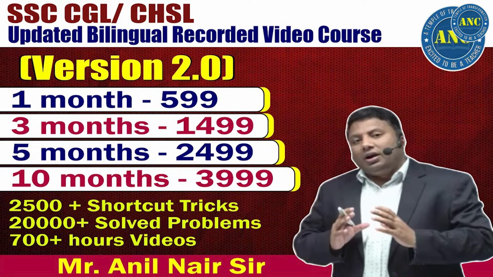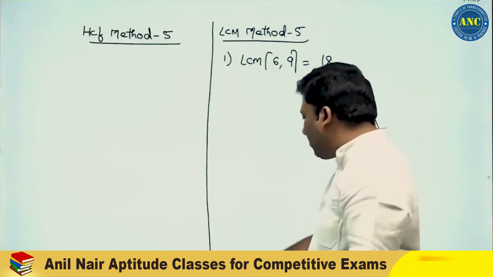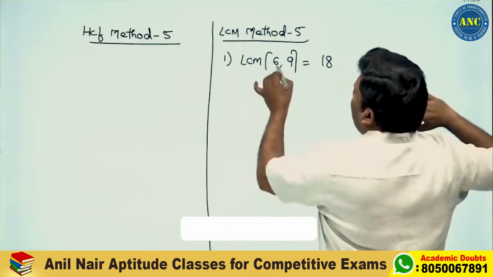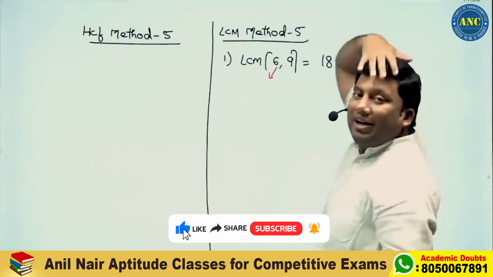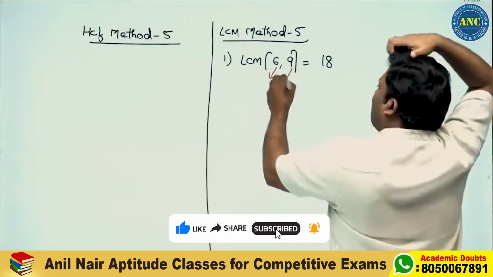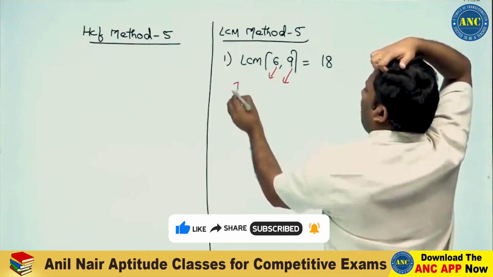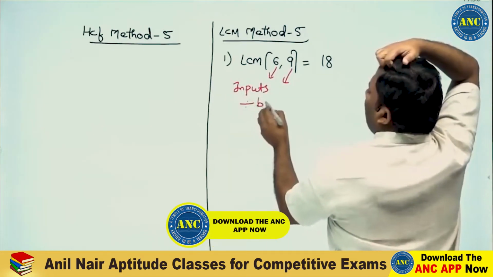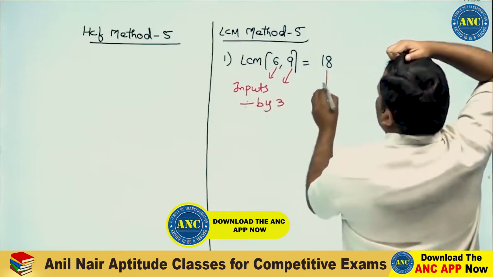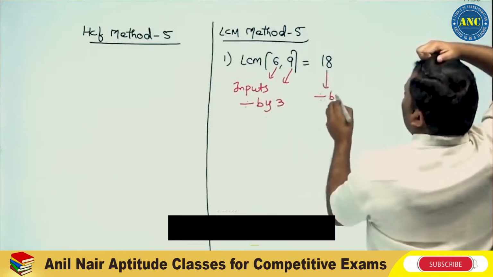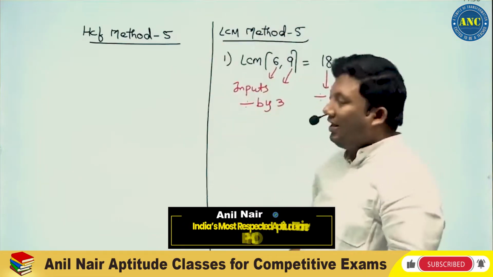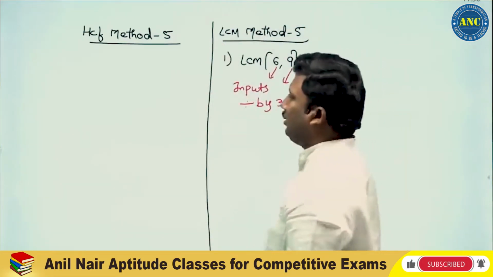What is the concept we discussed yesterday? Both the inputs are divisible by 3. The answer 18 is also divisible by 3. If both the inputs are divisible by 3, the answer is divisible by 3.